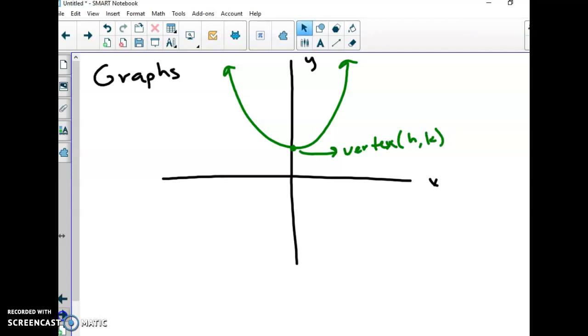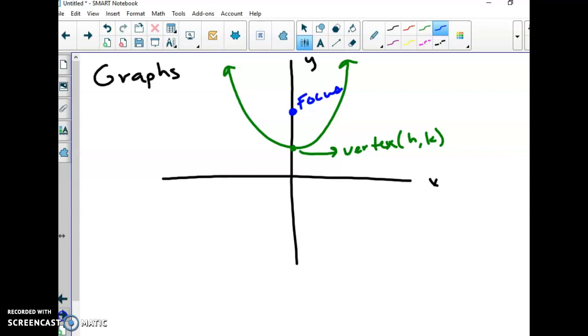There's also another point, which you normally don't see. This is the focus. The focus is a point that your parabola is quote unquote bending around. Okay, so the bend around that point is going to be different if we're talking about an ellipse or if we're talking about this parabola in particular.